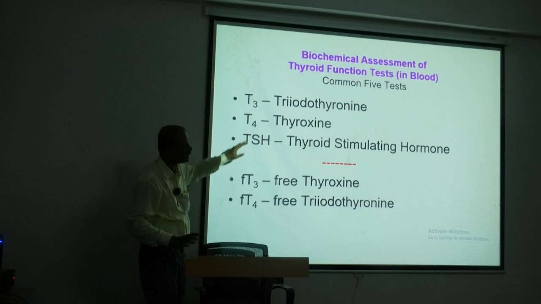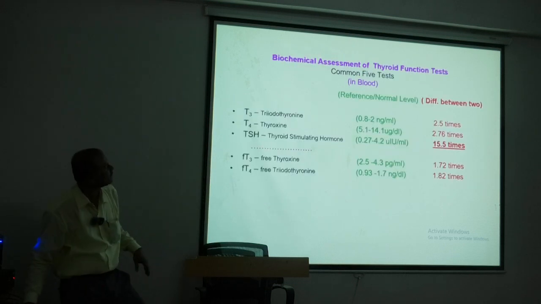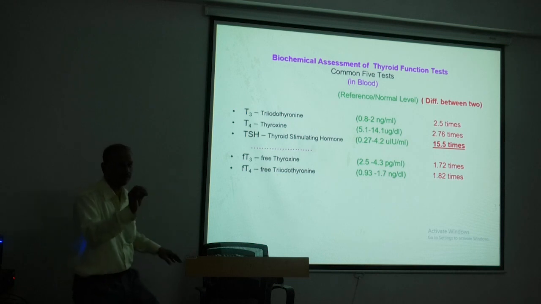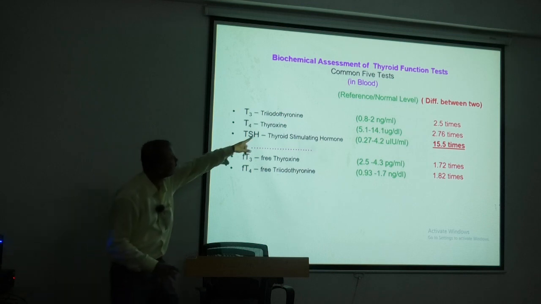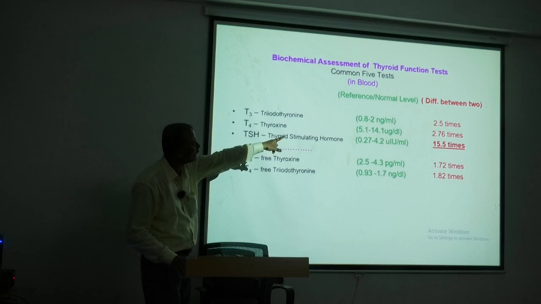See, another most important thing: you will be seeing all the biochemical parameters, be it cholesterol, be it glucose, be it urea. If you look at the lower limit and the upper limit of any individual parameter, the difference will not be more than 2 to 3 times. You can look at the T3 level, it is about 2.5 times, 0.8 to 2; for T4 it is 5.1 to 14.1.